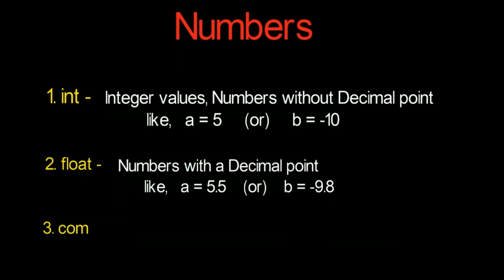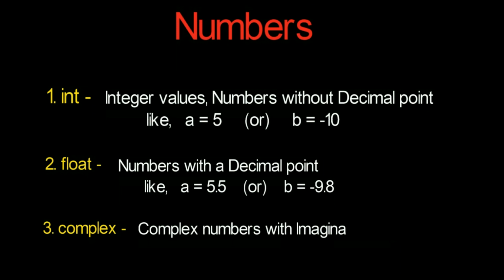Third, there are complex numbers. These are the complex numbers which you might know, the numbers with imaginary unit. They can be represented as a is equal to 2 plus 5j. Usually we use iota or i to represent them. In Python we use j. b is equal to 4 minus 9j. These are the 3 number data types present in Python.